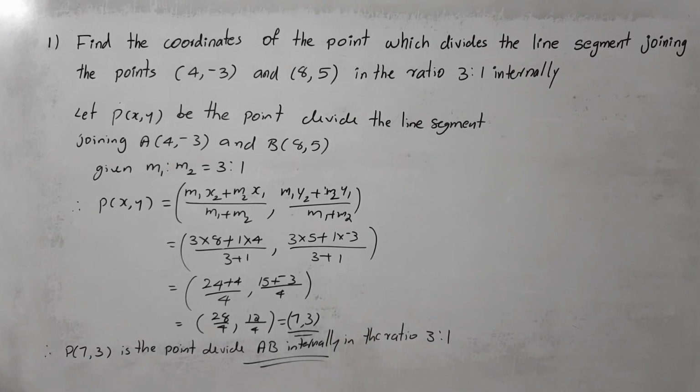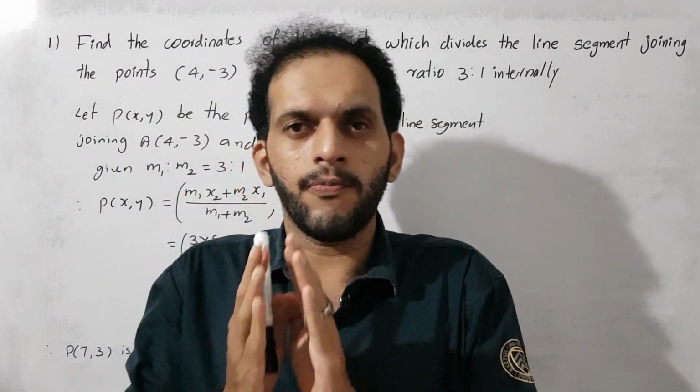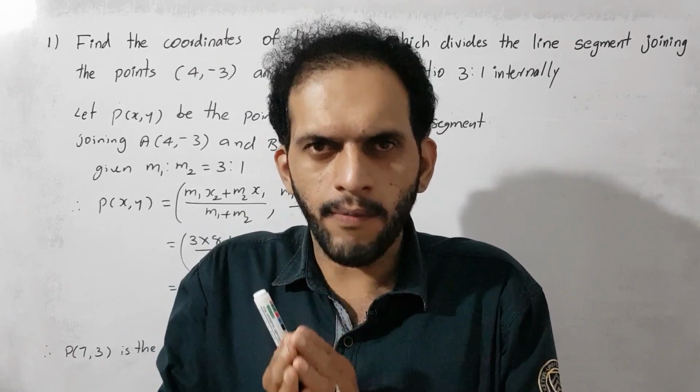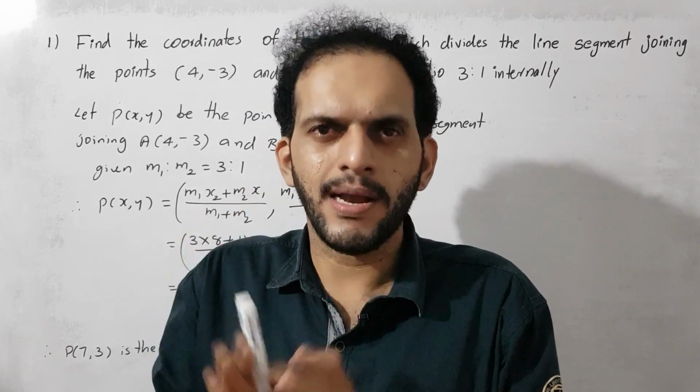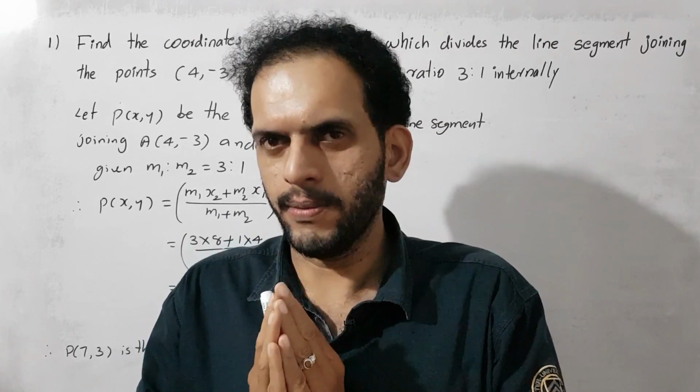P(7, 3) is the point dividing the line segment AB internally in the ratio 3 is to 1. Okay, I think you got it. This one is a direct application of section formula for finding the coordinate of the point which divides the line segment.